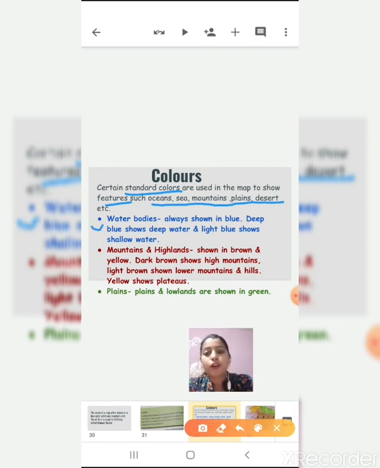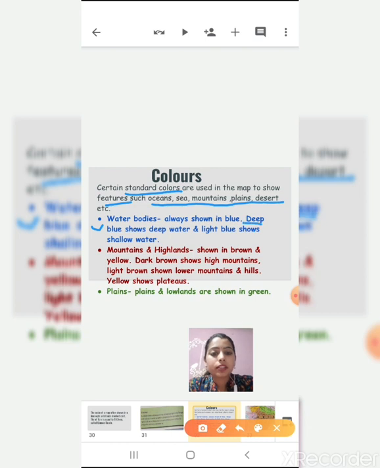First one, for showing the water bodies, it is always shown in blue color. The water bodies are always shown in blue color.